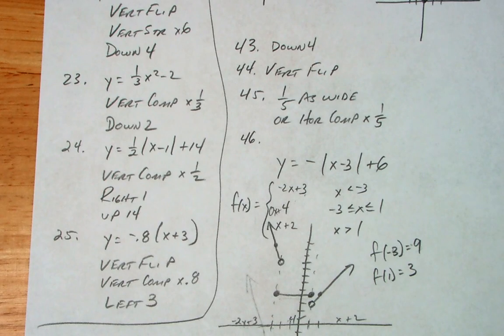We got that, but it would actually be 4/3 times wider because it's 3/4. You do the reciprocal of that, it'd be 4/3 times wider. So it's a stretch by 4/3.